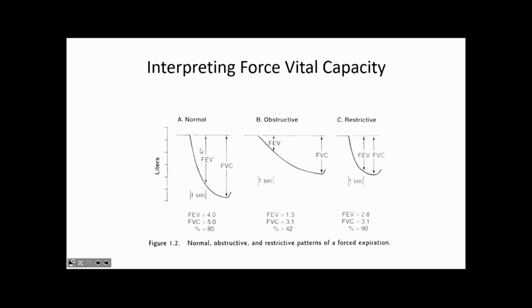So the next thing we're going to look at is what fraction of your air you got out in the first second. Normal people get about 80% of their air out in the first second, even though we're doing the maneuver for 6 seconds.